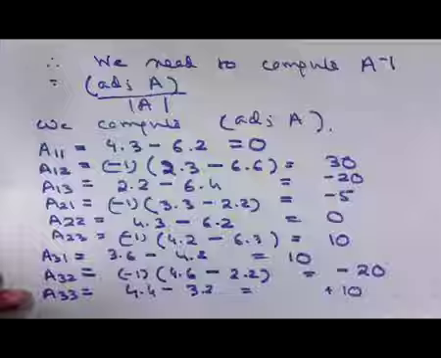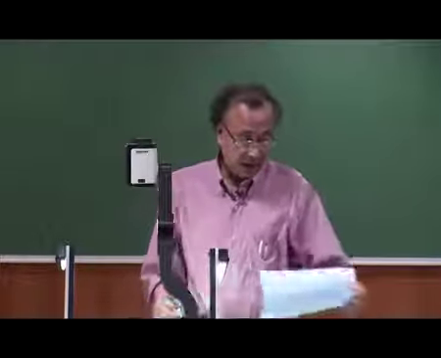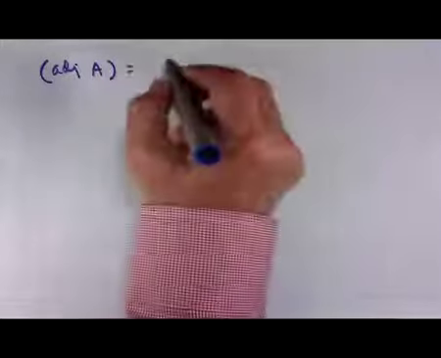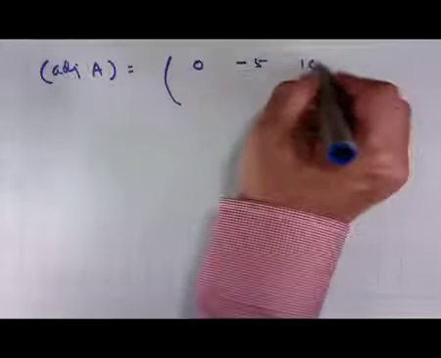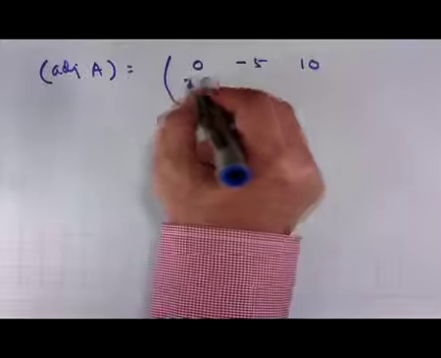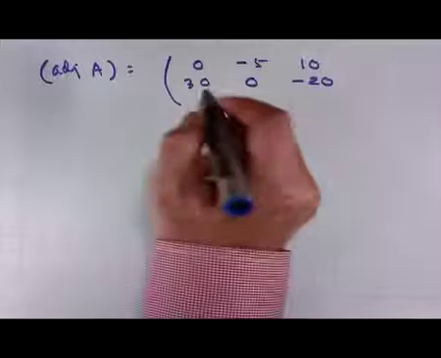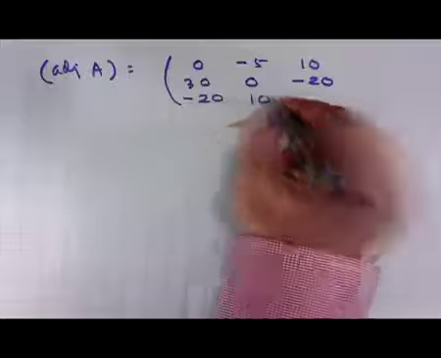So, once we obtain the cofactors, we can write adjoint of A is equal to [0, -5, 10; 30, 0, -20; -20, 10, 10].